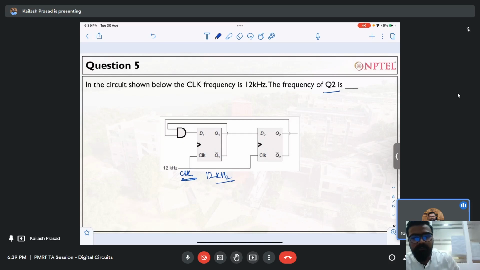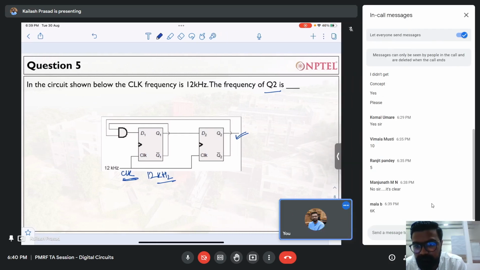So anybody wants to give me the answer quickly? It's a simple question. Please give me the frequency of Q2. Anyone? 6 kilohertz. Okay, I have one answer that says it will be 6 kilohertz. Any other answer?